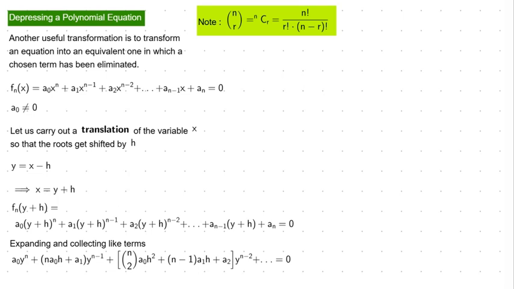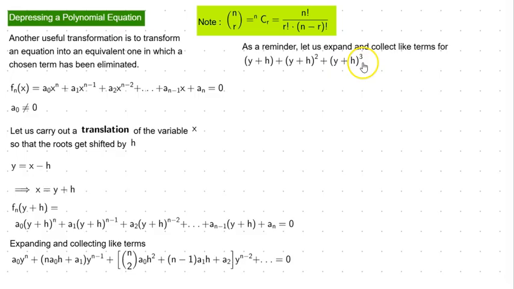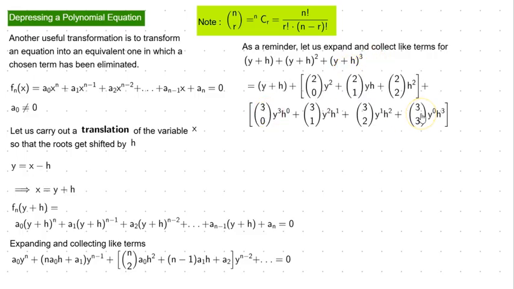Now let's actually look at this with an example. So let us expand and collect like terms for (y plus h) square plus (y plus h) cube. We get this expansion. So here 2C0 will give us 1, 2C1 will give us 2, 2C2 will give us 1.